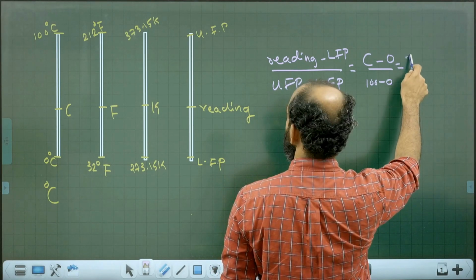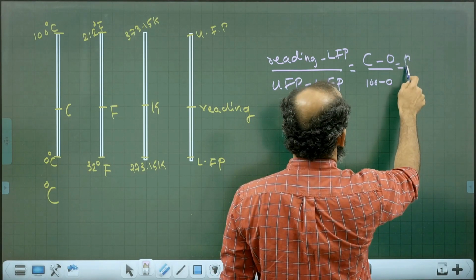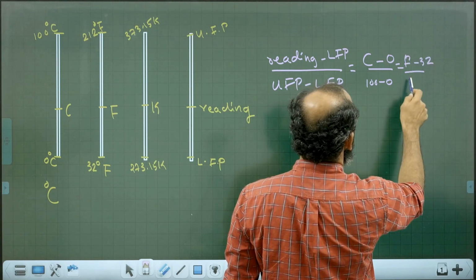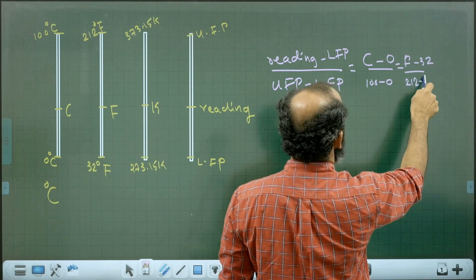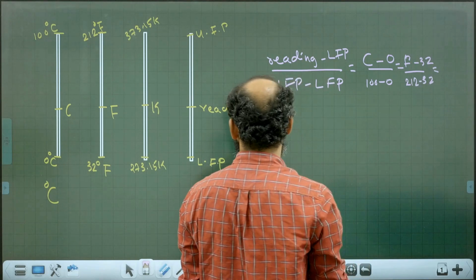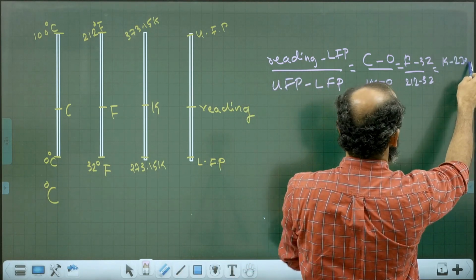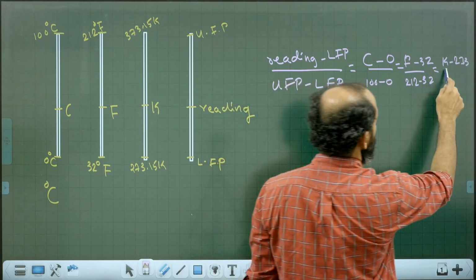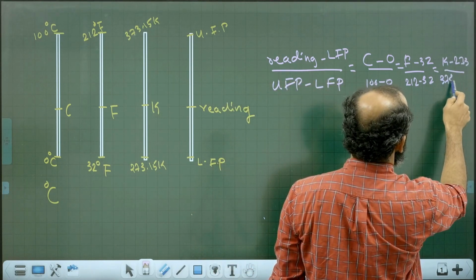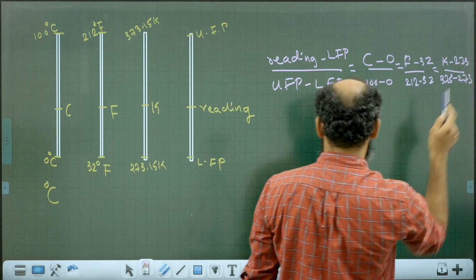For Fahrenheit, it should be F minus 32 divided by 212 minus 32, and for Kelvin, it should be K minus 273, I'm neglecting 0.15, divided by 373 minus 273.